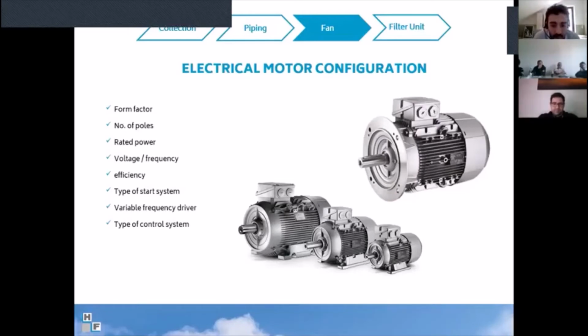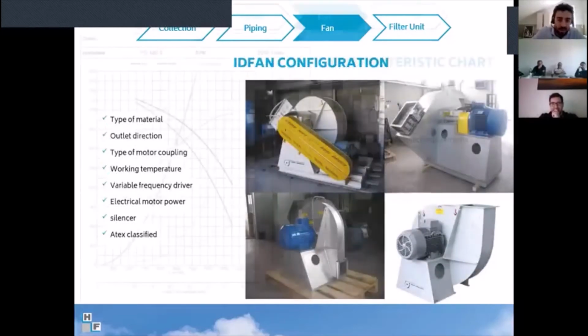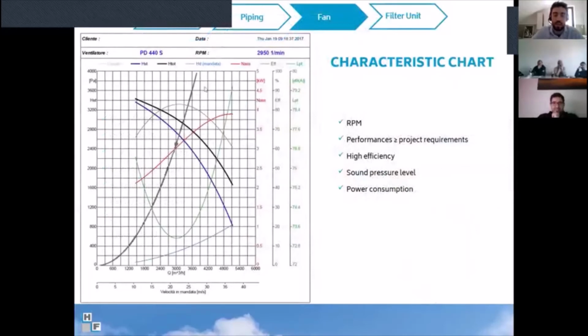Maybe Federico, it's important to remark the difference between the kilowatt installed and absorbed. Yeah, it's very important. Very often it happens that our customer asks us why we wrote in our offer, for example, kilowatt absorbed 11, kilowatt installed 15. This is because if we see the characteristic chart of the fan, we see that at different points, I try to explain.